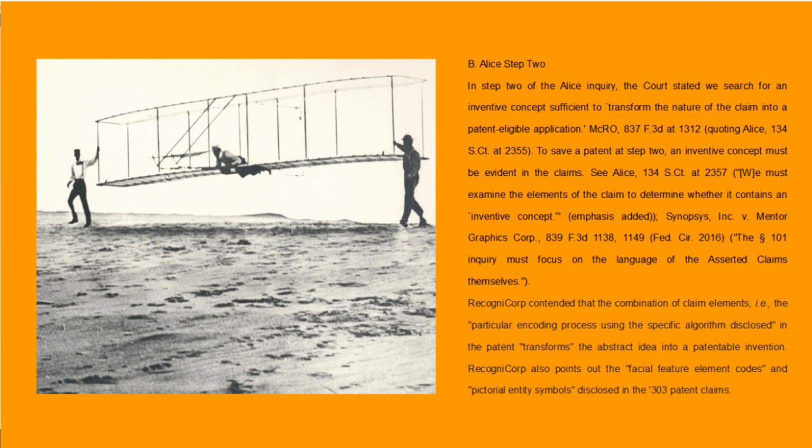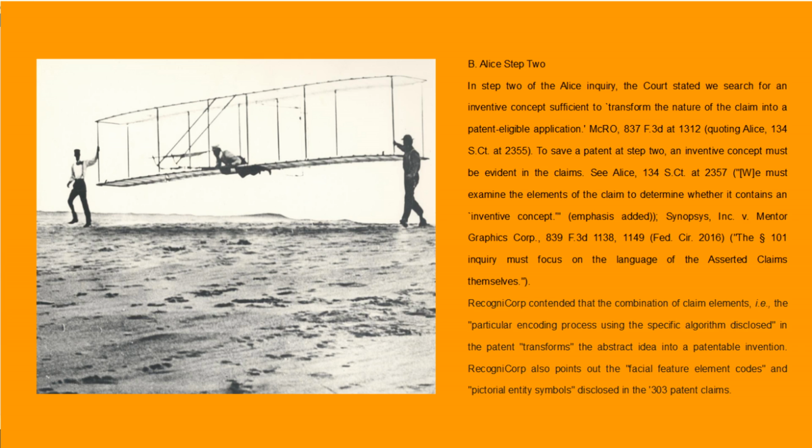B. Alice Step 2. In Step 2 of the Alice inquiry, the court stated we search for an inventive concept sufficient to transform the nature of the claim into a patent-eligible application. McRO, quoting Alice, to save a patent at Step 2, an inventive concept must be evident in the claims.